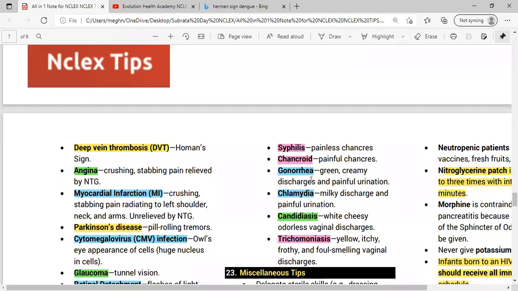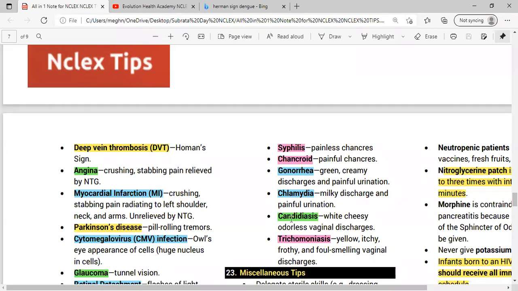In gonorrhea, there is a green, creamy discharge and painful urination. The genital organ, vagina or penis, discharges pus that is creamy or green, along with a history of sexual exposure. Chlamydia, most common in the United States, has a milky discharge and also painful urination.